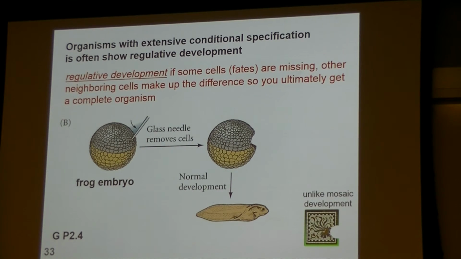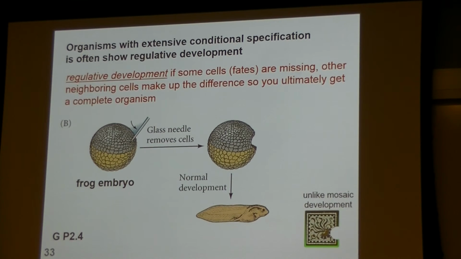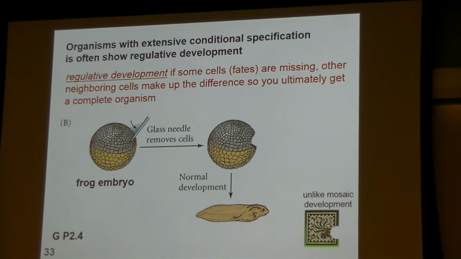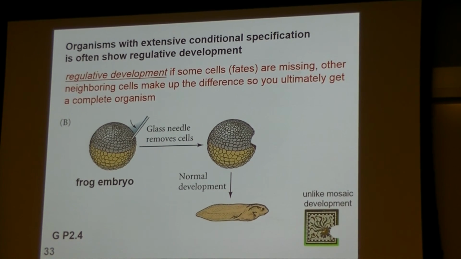If you have, on the other hand, extensive conditional specification, then we're going to a mode called regulative development, which means that the cells will be able to compensate, divide, and reestablish a limited number of fates if some of them are missing. Here, for example, is a frog embryo.